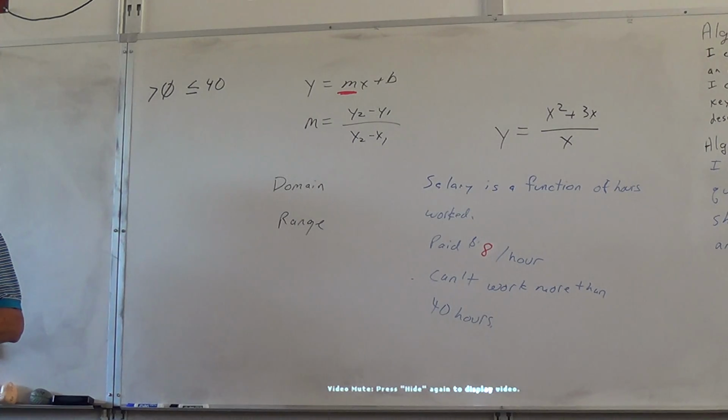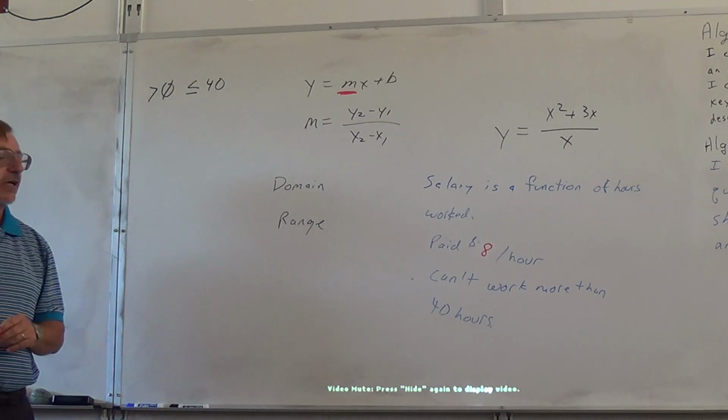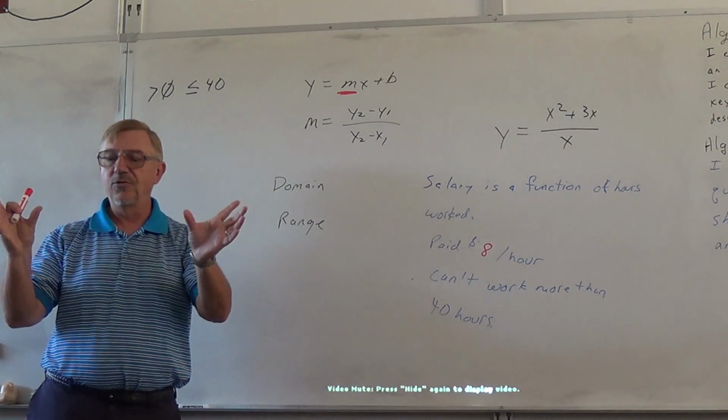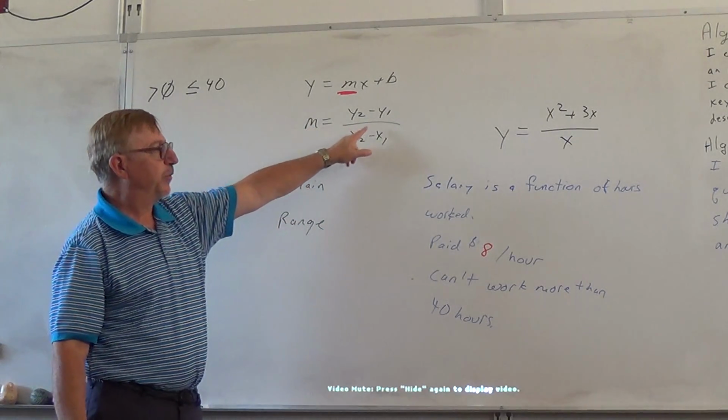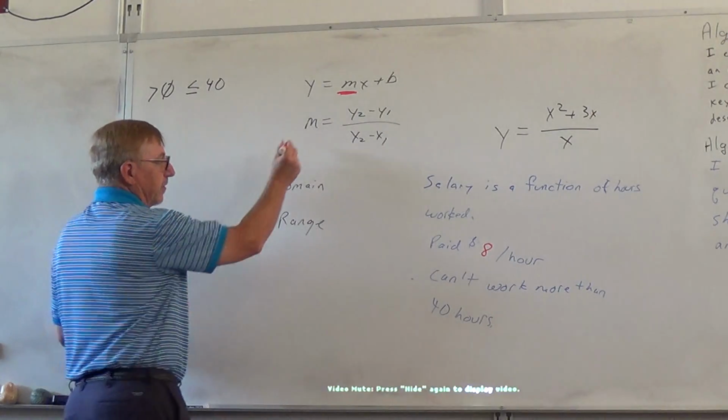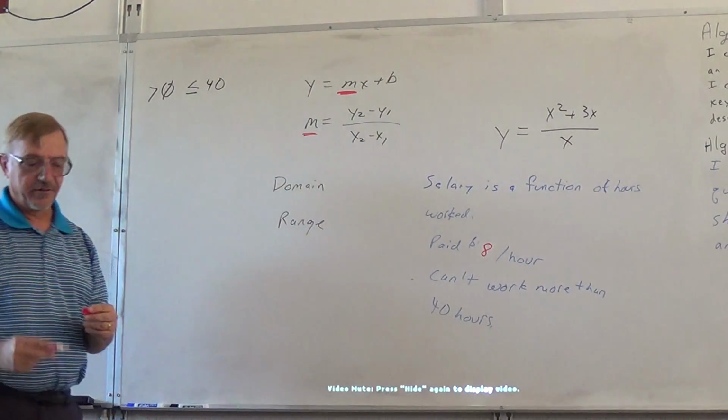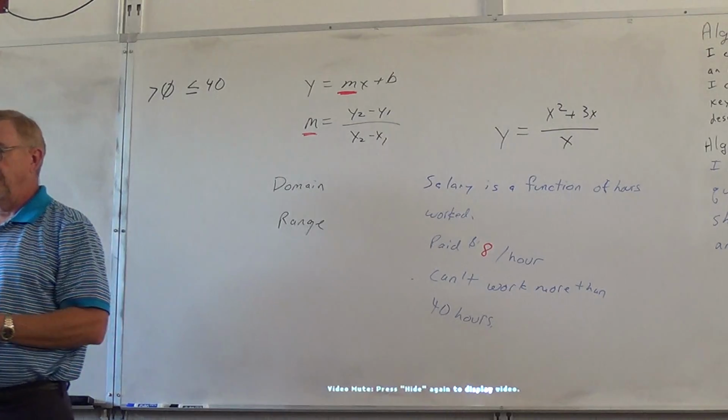That value is your slope. If you have 2 ordered pairs, you use this equation, this is your slope, okay?